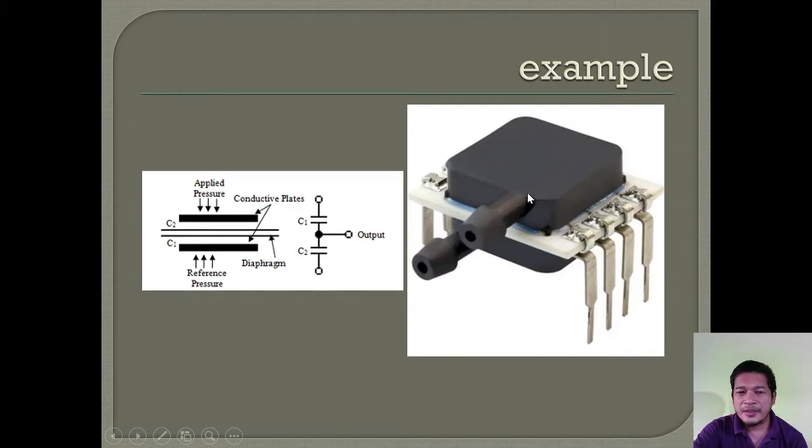The more pressure created inside our diaphragm, the capacitance decreases, as this plate moves closer and almost connects to the dielectric, and this one also to our diaphragm. So that is why the more pressure, the less the capacitance value it creates. So this is all called a capacitive pressure sensor.